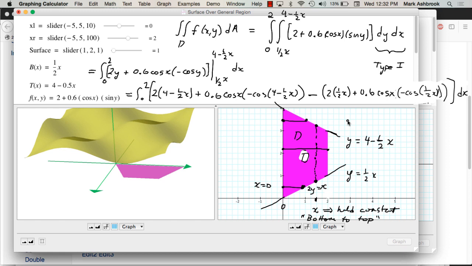So what would that mean? If we were to do type 2, you've got to break it up into 3 double integrals. Do you see that? We're not going to do this one, guys. Don't worry. The first integral would be x from 0 to 2y, as y goes from 0 to 1, and then your second would be x goes from 0 to 2 as y goes from 1 to 3.